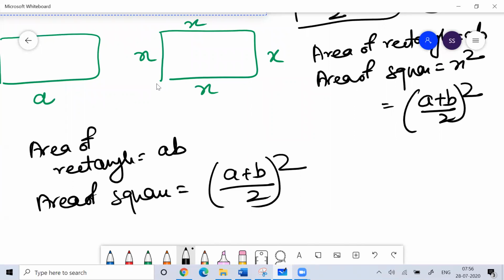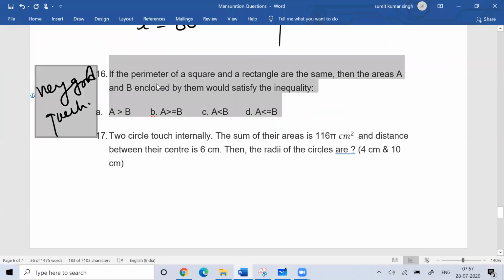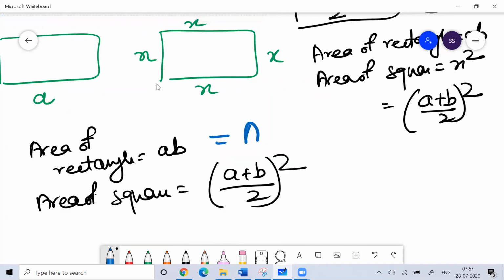Now you need to compare between them. Suppose this is a and this is b. Now you need to comment on them. You can consider any value for them and comment accordingly.